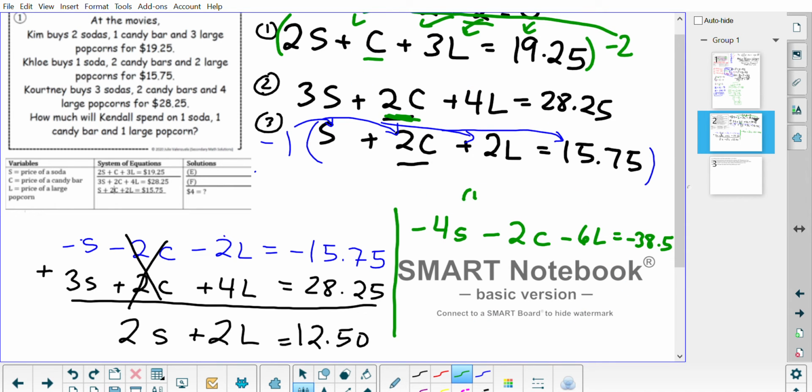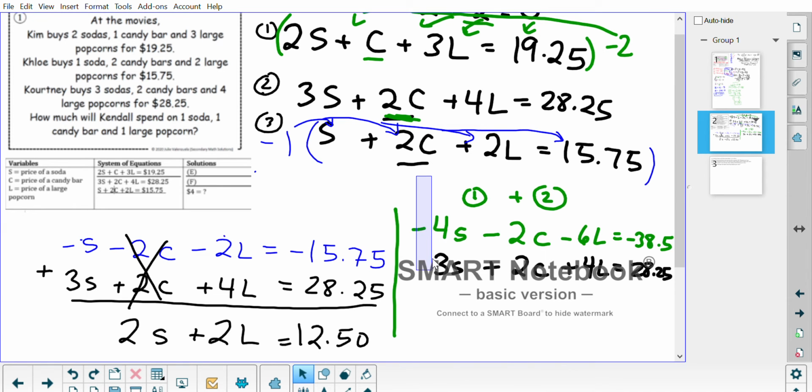So I'm going to add the first equation with the second equation. Let me write that second equation in black. So we have 3s plus 2c plus 4l is equal to 28.25. Now, this looks like a mess, but I'm going to go ahead and move this.